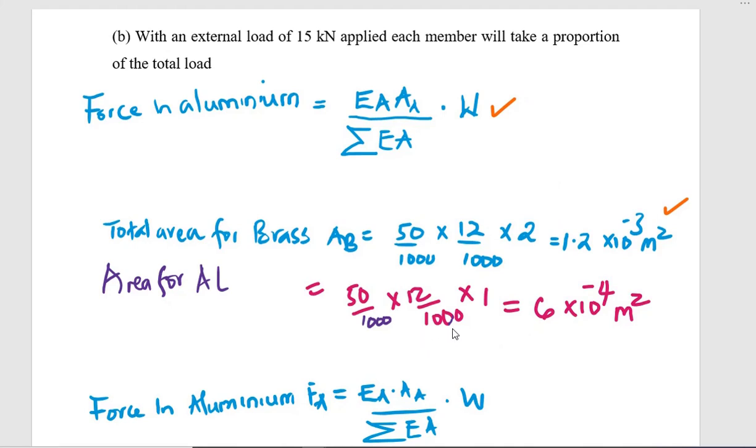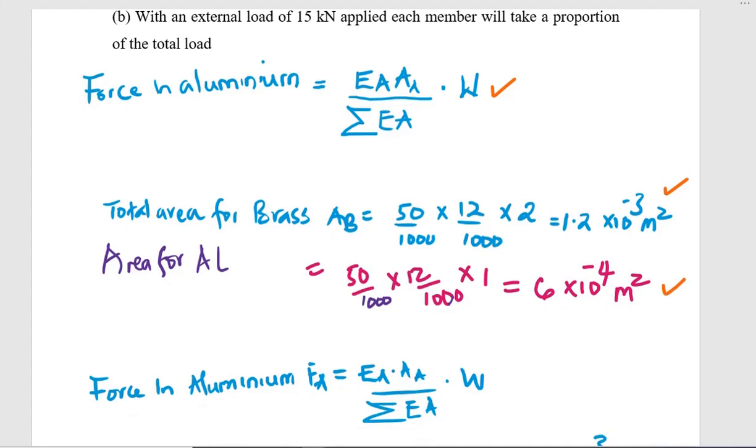Now when you substitute in the value also for aluminium, because it is 1 in between the two brass members, it will be 50 out of 1,000 times 12 out of 1,000 times 1, which will give you 6 times 10 to the power negative 4 square meters.